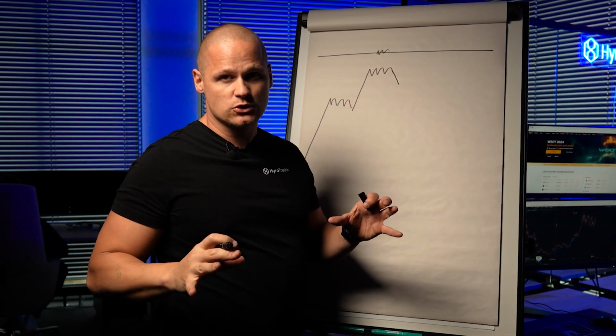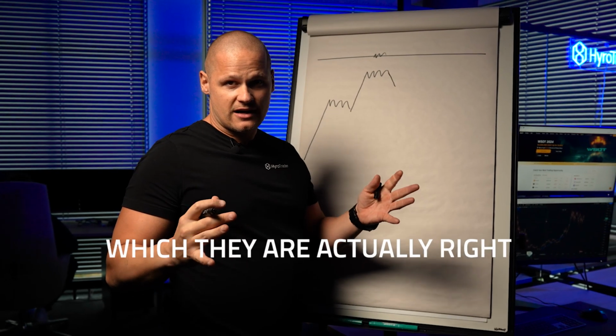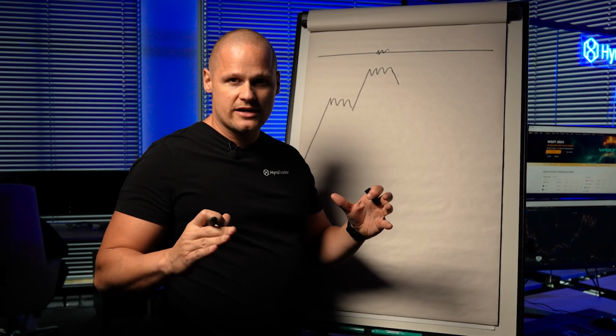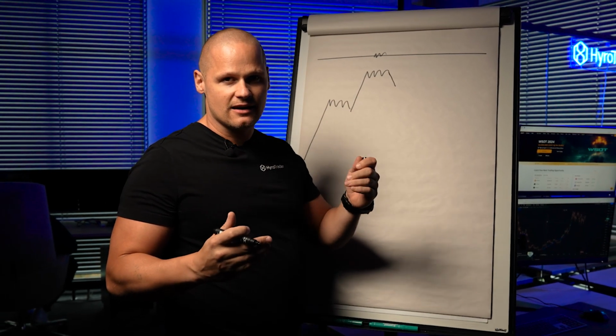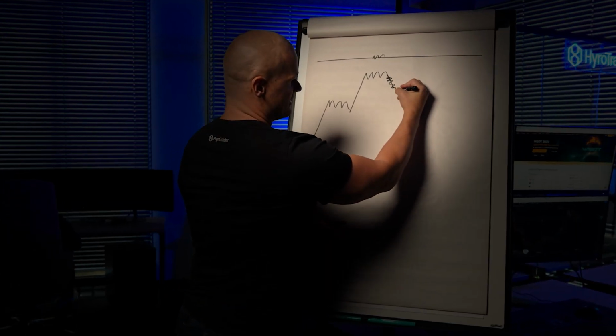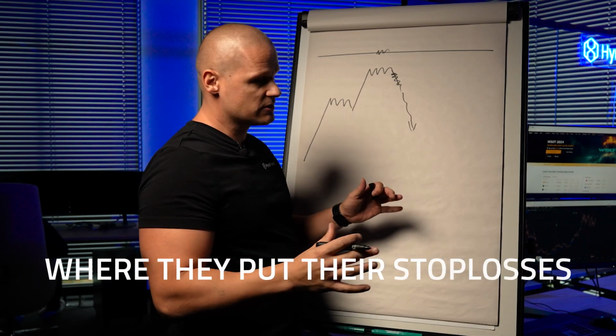This is where most traders start to FOMO and they start shorting, which they are actually right. But what the market makers are actually doing by reversing the market before it touched the key level, just think about it. People start shorting in here, right, expecting the price going lower, and they are right. But where do they put their stop losses?